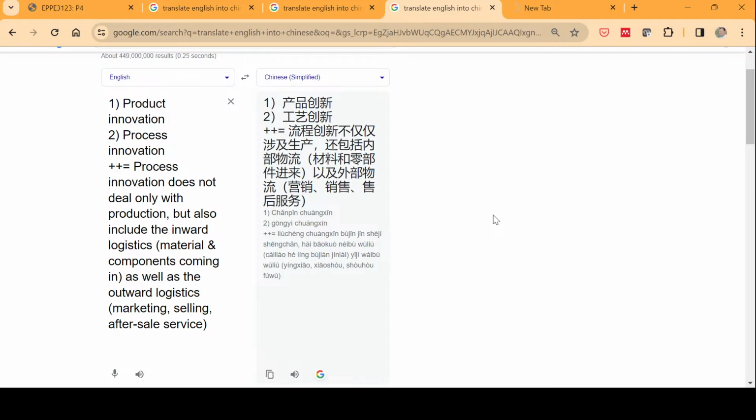Okay, let's read first. Not all technological knowledge comes in the same form, as it does not come from a single source.